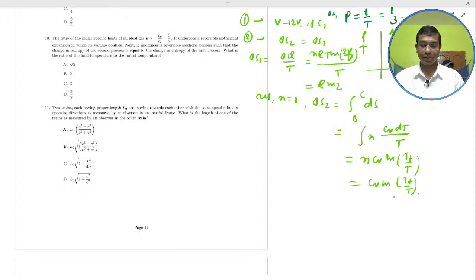Now put this value: Cp by Cv equal to 3 by 2.